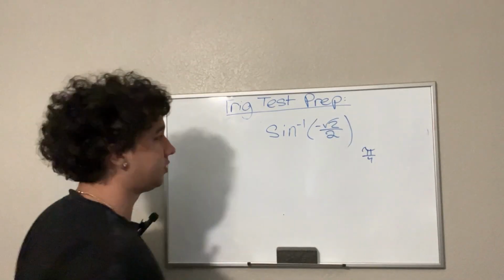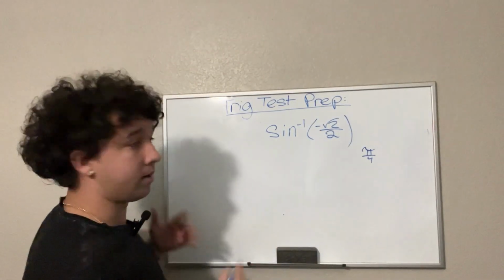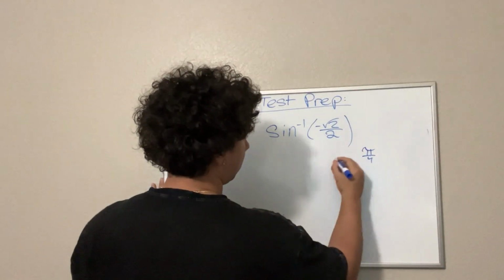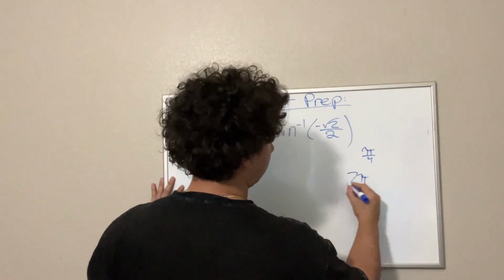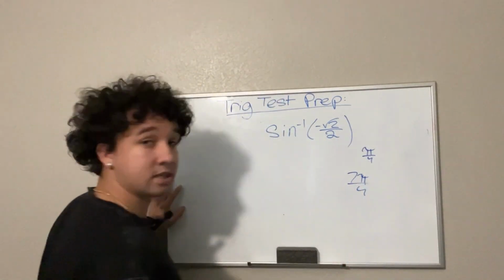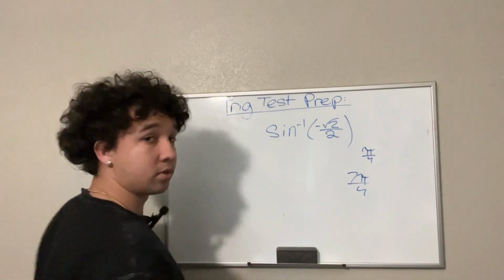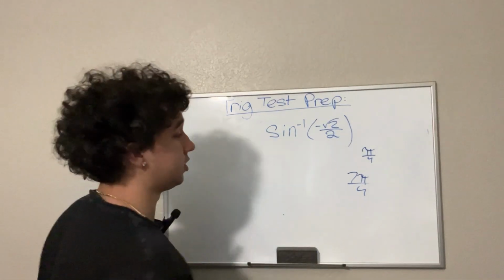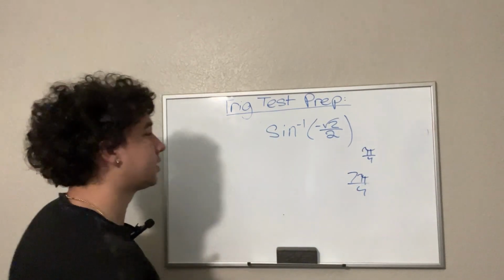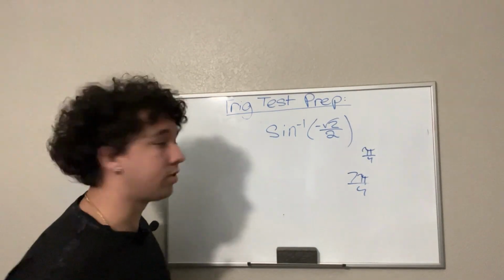And that automatically makes you think, okay, well, 2 pi minus theta. So that'd make you do 8 pi over 4 minus pi over 4 and get 7 pi over 4. But the problem is remember, the interval is from pi over 2 to negative pi over 2. That's not in the interval, so it actually doesn't work. So now how do we do this?